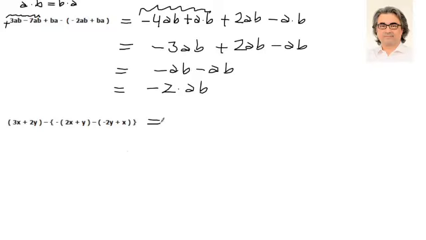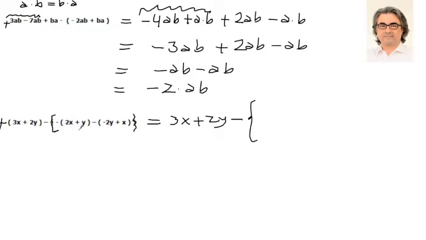Now let's continue with the next. In the first parenthesis, I have plus sign in front of it. So I should write without changing the signs of each term. Plus 3x plus 2y. After that, I have a huge parenthesis and inner parentheses in this huge parenthesis. So let's write here first the huge parenthesis, and then first make the operations between the inner parentheses.